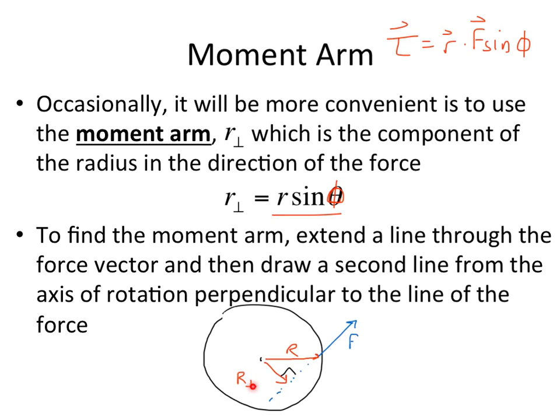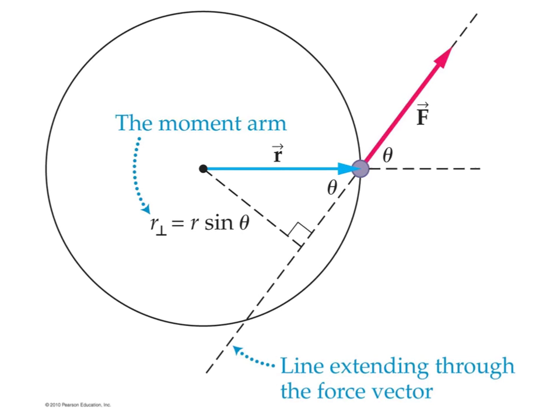That's literally what that sign convention means right there. But R perpendicular means the moment arm. So this is basically what I just drew right here. Wow, I didn't even really think of that. But here's our radius. Here's our force at some off 90-degree angle from the radius, okay?